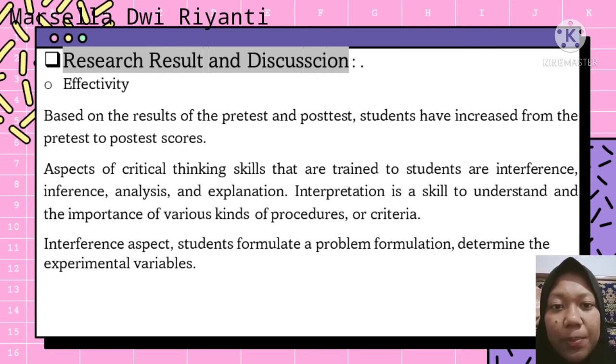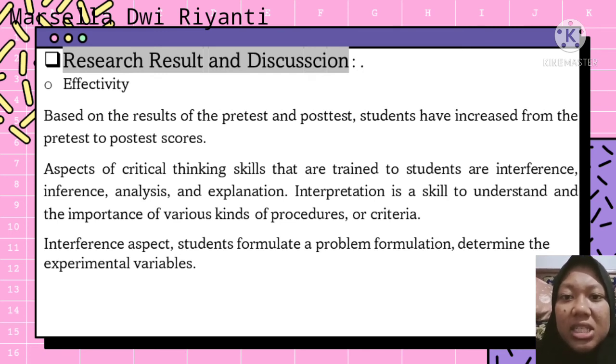Based on the results, it can be seen that students increased from pretest to post-test score. Normalized gain from the scores was obtained by 4 students in the high category and 4 students in the intermediate category. Aspects of critical thinking skill that are trained to students are inference, analysis, and explanation.